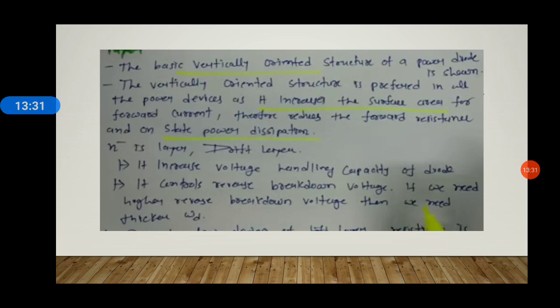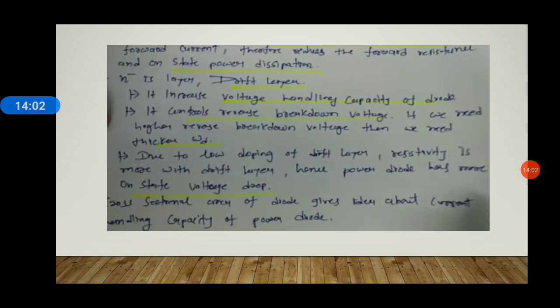The vertically oriented structure is used in power diodes because, in all power devices, as the surface area increases, the forward current increases and it can handle more power. Almost all the power devices have a vertical structure.